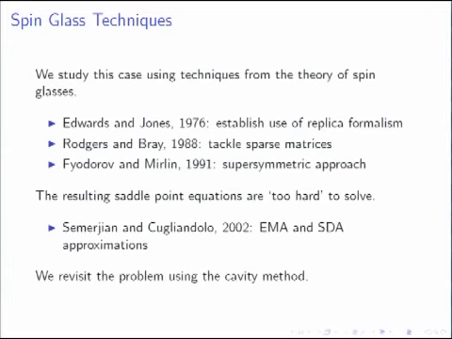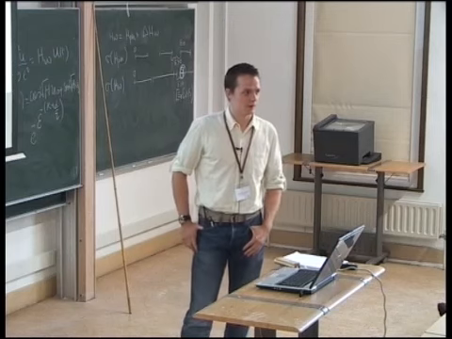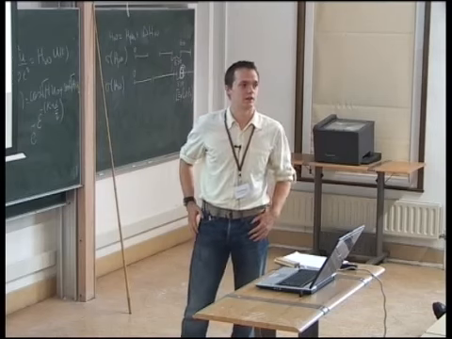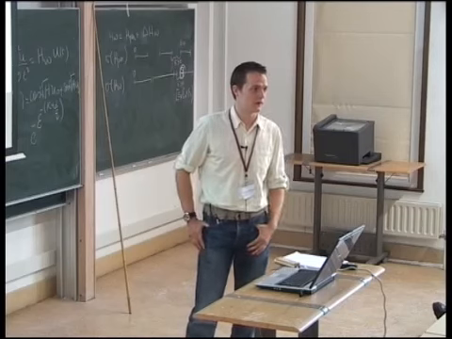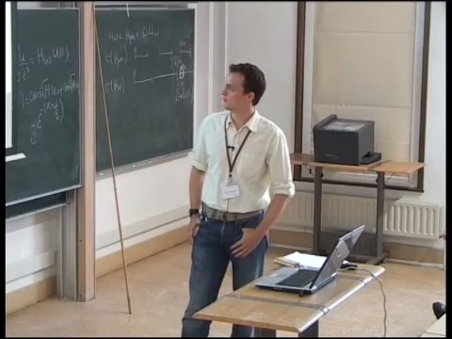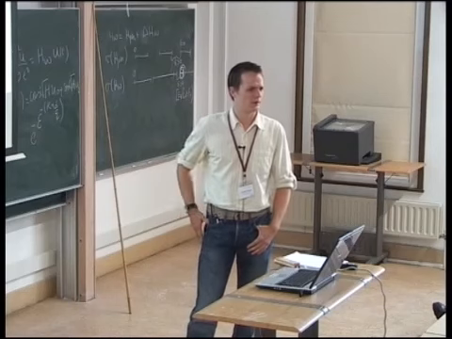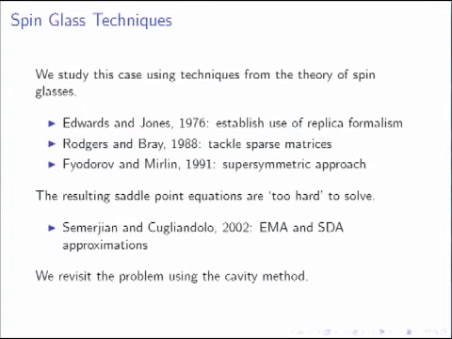There's a good paper by Fyodorov and Mirlin, and they go on to calculate the level correlations as well. But as I say, the saddle point equations in the general case and the sparse case are deemed too hard to solve. And there are approximative schemes called the effective medium approximation and the single defect approximation. I think these are due to Biroli and Monasson, and it's a very nice review paper in 2002.